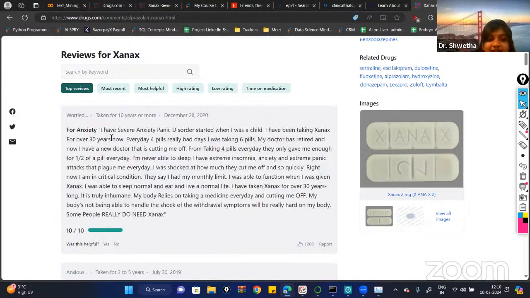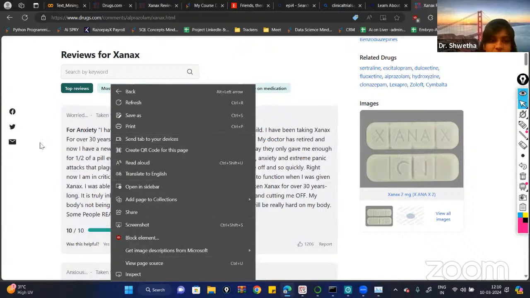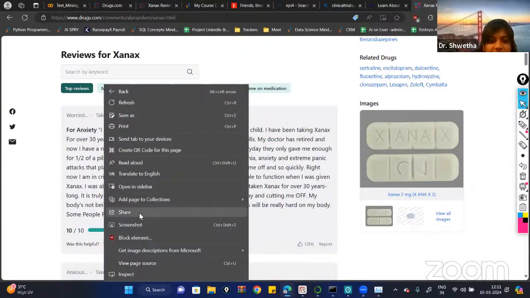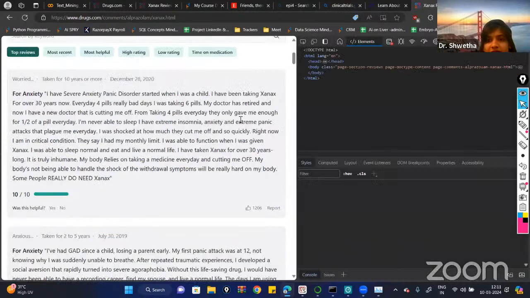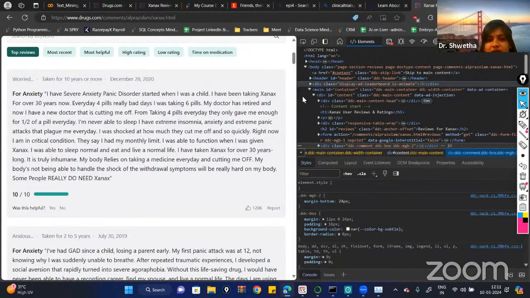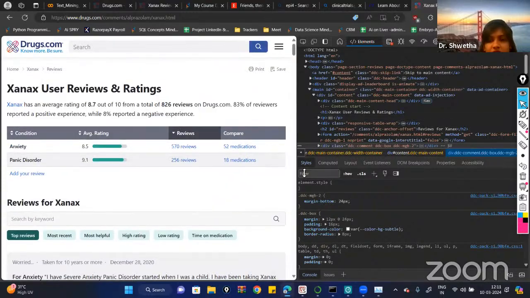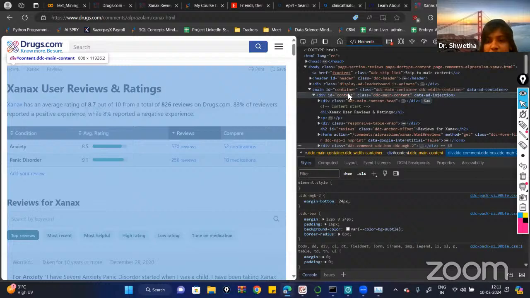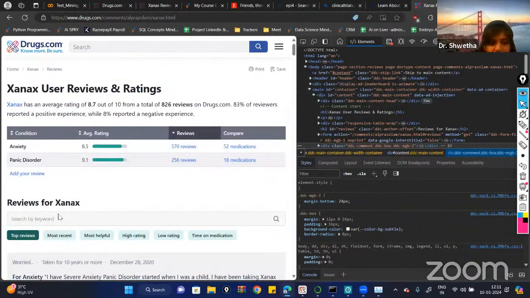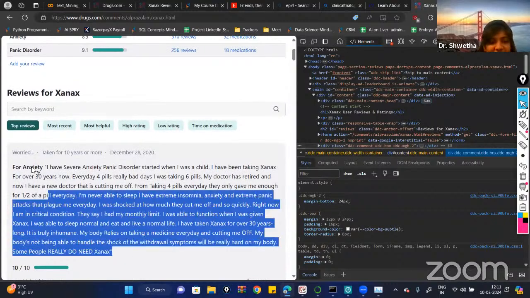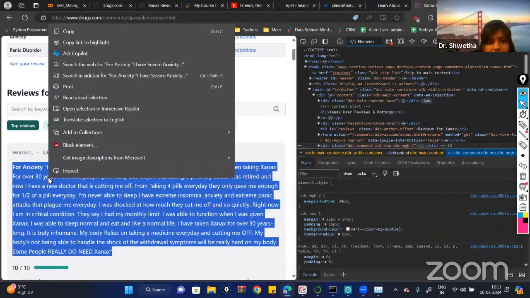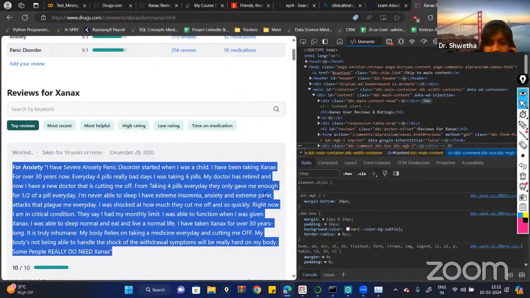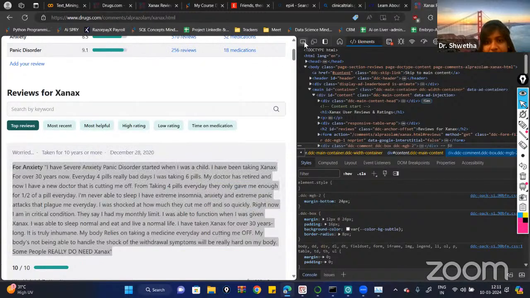If you want to see where it is particularly written in the HTML code, you can just right click and go to inspect. The HTML code for this particular web page opens up. So this works for any URL. You can just go there and check the HTML. Now, if you want to know where these reviews are, you can just click on it and inspect it.